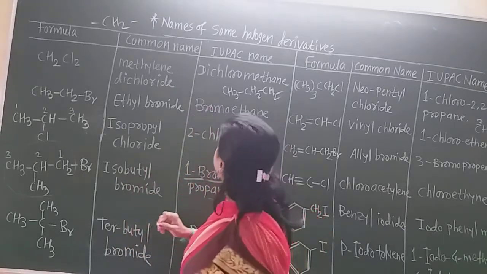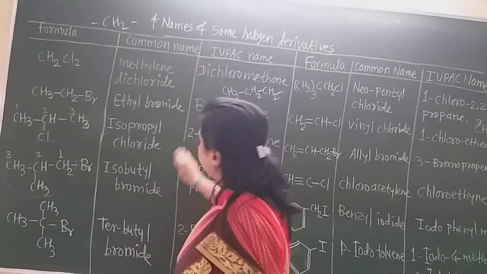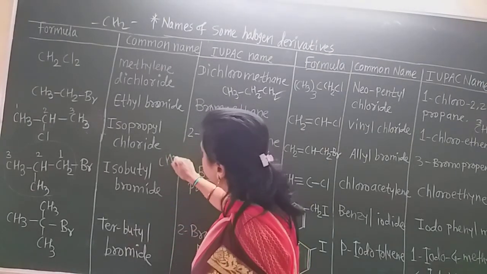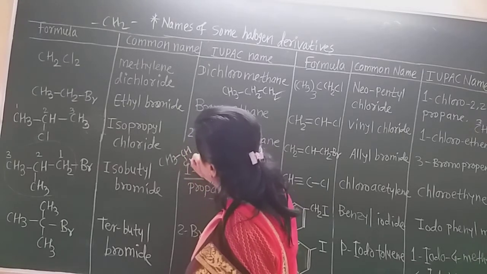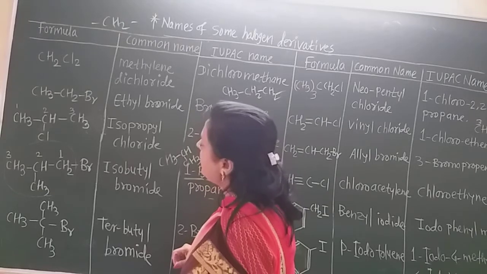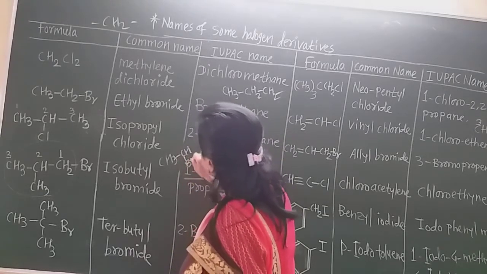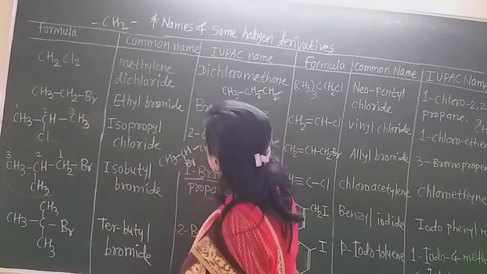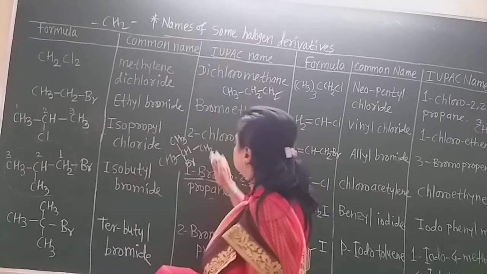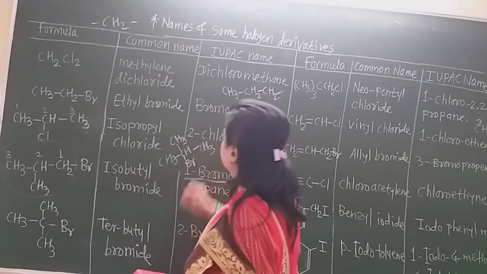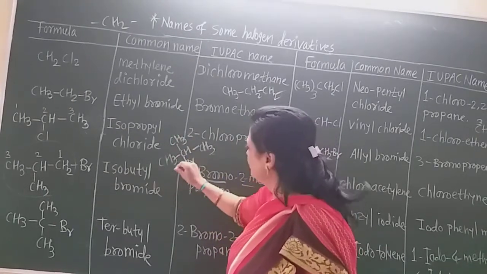If such a compound is there, I draw here CH3 CH, then CH3 again, and here is the bromine, and then CH2, and here is the CH3 again. Now this is not the iso, but it is the secondary grouping.